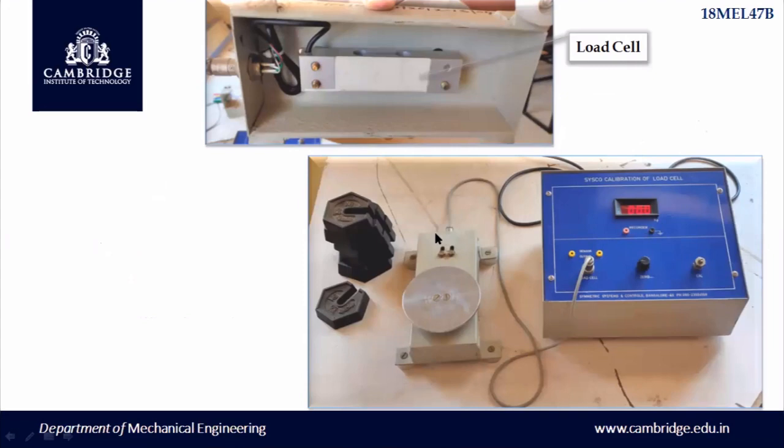At the bottom of this is the load cell, which is connected to the electrical signals. And these are the dead weights or the standard weights. So you're comparing the performance of this measuring instrument, the load cell, with the known standard, the dead weight.